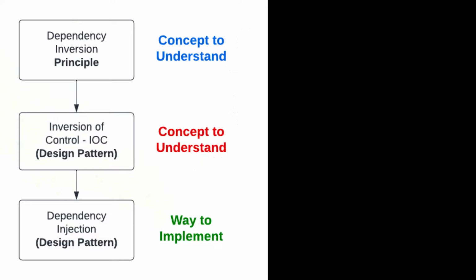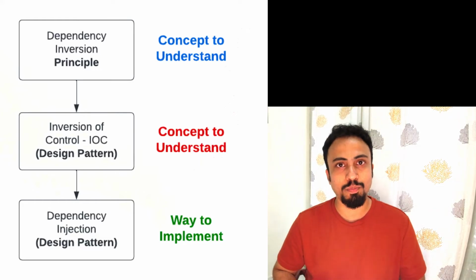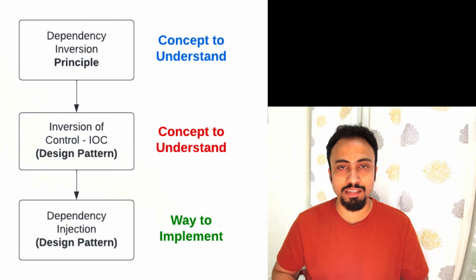We have covered the dependency inversion principle, and now we are going to see how we implement it. IOC, inversion of control, is a design pattern to implement the dependency inversion principle. There are many ways to use this pattern, but we are going to talk only about one way, that is dependency injection.